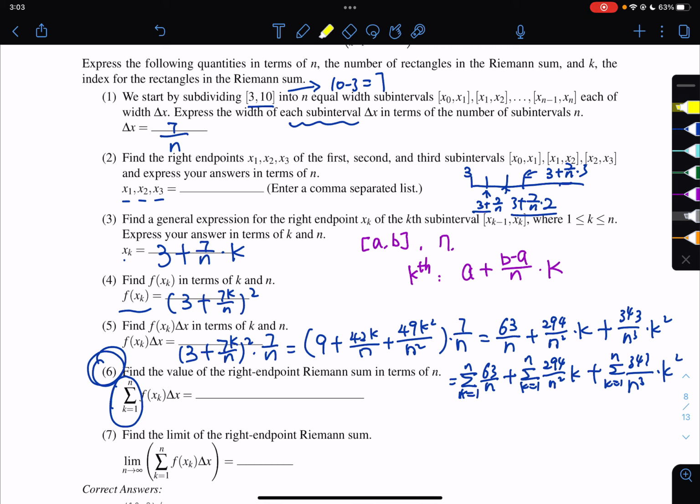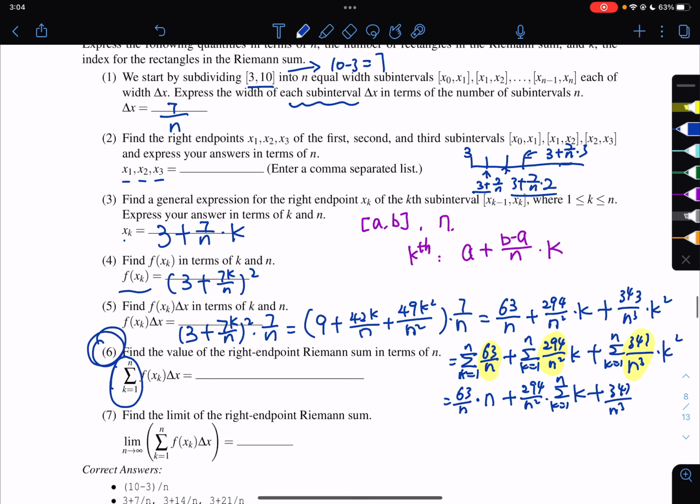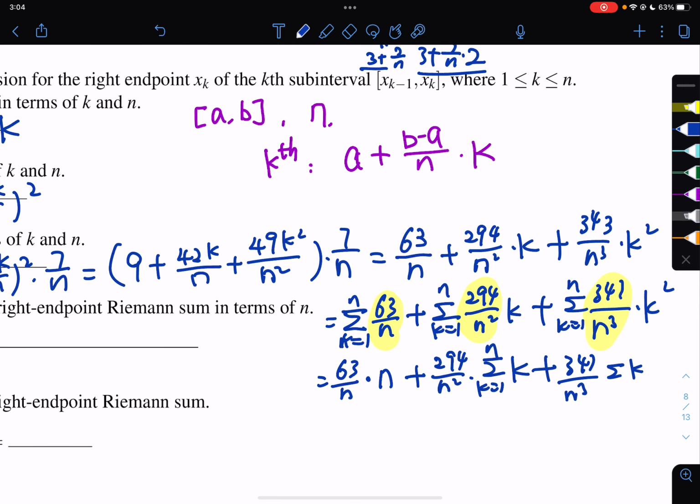You should realize that the first expression does not change when k is swept through 1 to n. So the first part is simply 63 over n added to itself n times, so it's multiplied by n. The second is 294 over n squared, summation k from 1 to n of k, plus 343 over n cubed, summation of k squared, k from 1 to n.